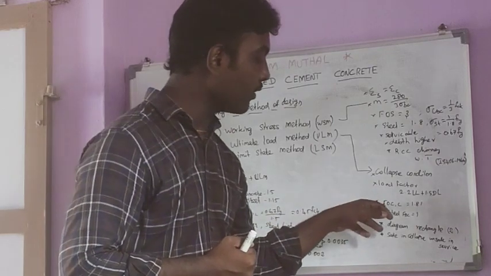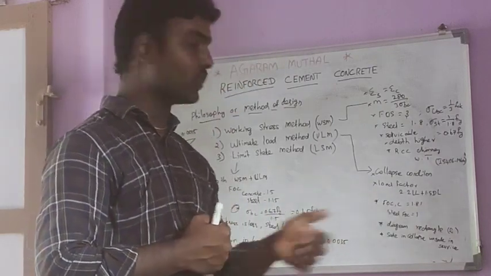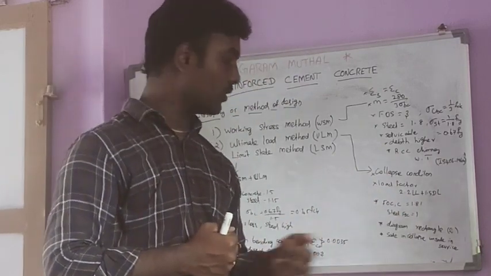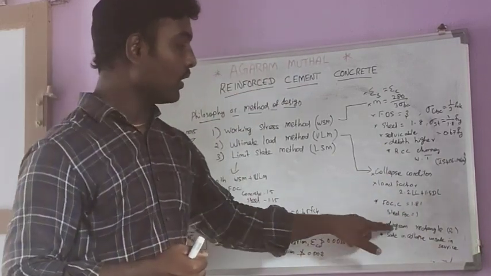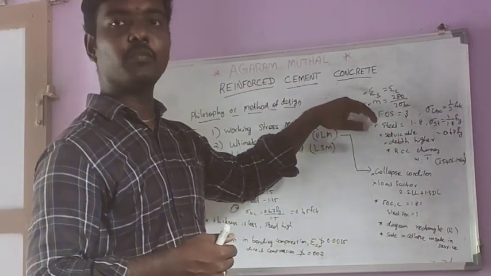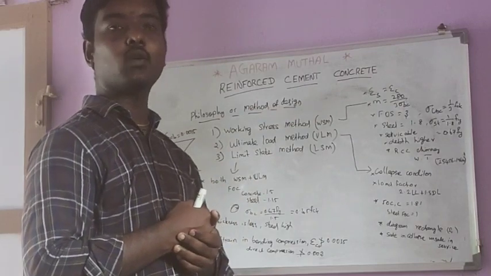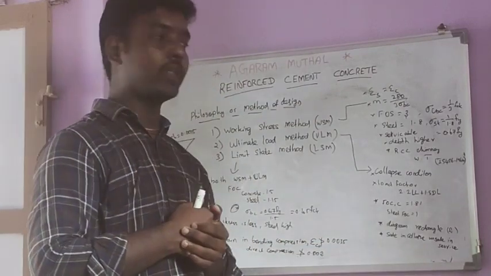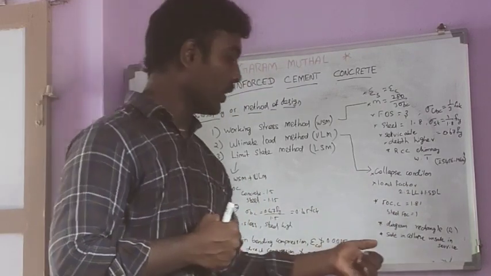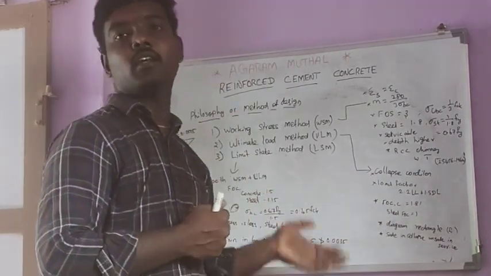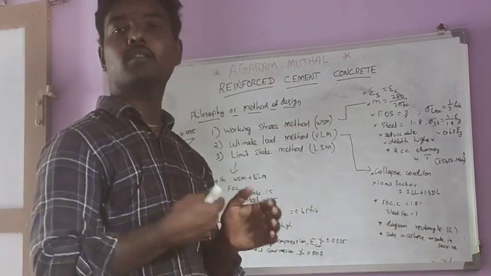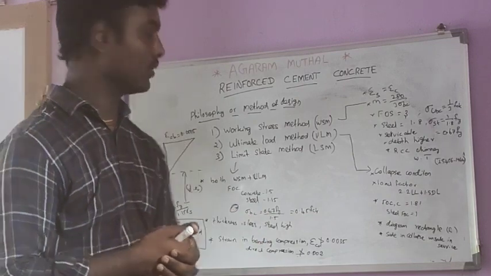The factor of safety for concrete here is proposed as 1.81, and for steel as 1. And the stress diagram, which is triangular in the working stress method, becomes rectangular for the ultimate load method. As I already said, the ultimate load method is safe against collapse but not safe against service conditions.